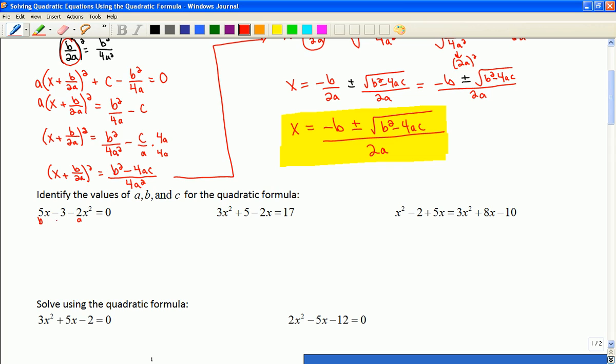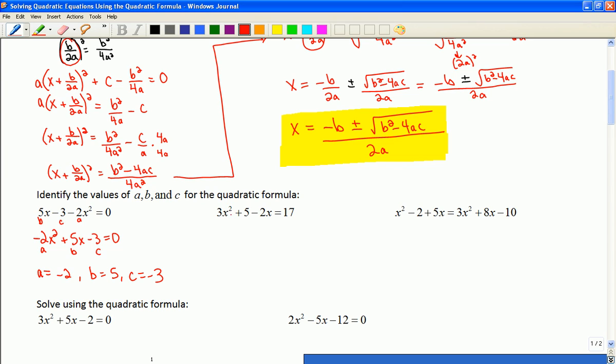So in my problem, it's like this. So if you were to rearrange this as negative 2x squared plus 5x minus 3, it might be easier for you to see that this is A, B, and C now that you've got it in the proper order. So A is equal to negative 2, B is equal to 5, and C is negative 3.